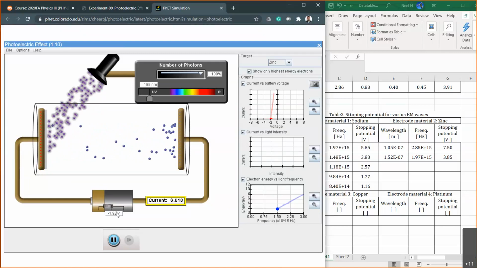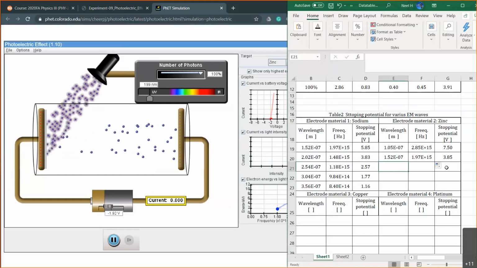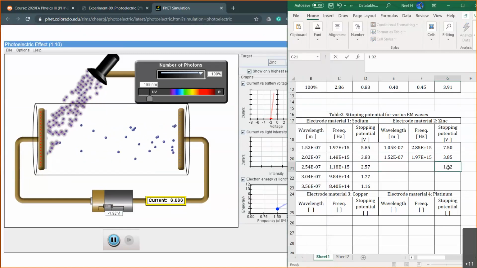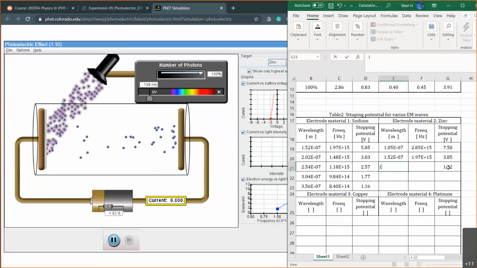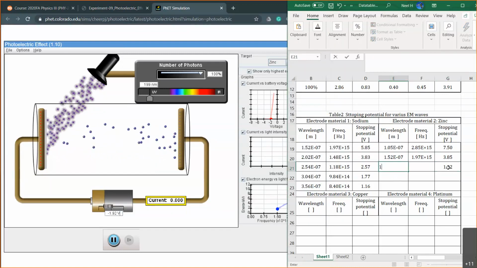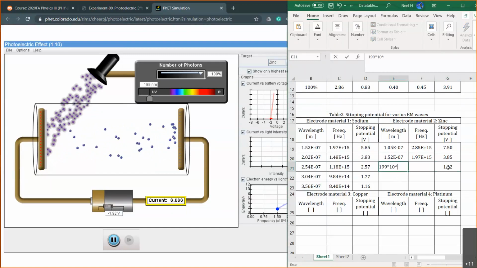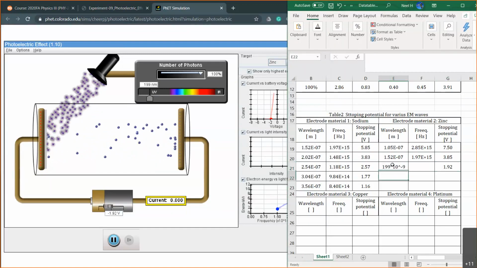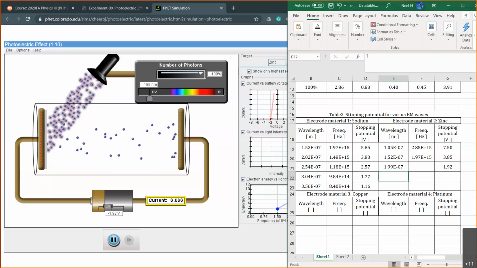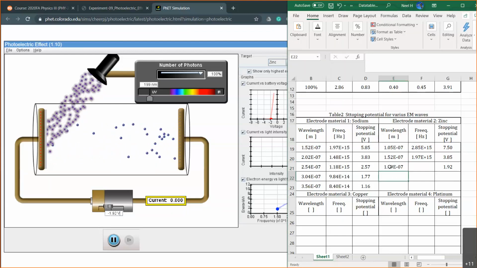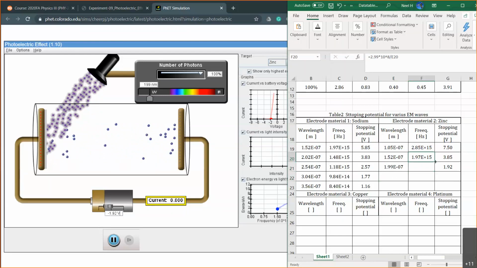I think it should be 1.92. That's the best we can get, 1.92. And the wavelength is 199 multiplied by 10 to the power -9. Make sure you put the equal sign in front, then it will automatically convert into scientific notation. Okay, and click and drag.